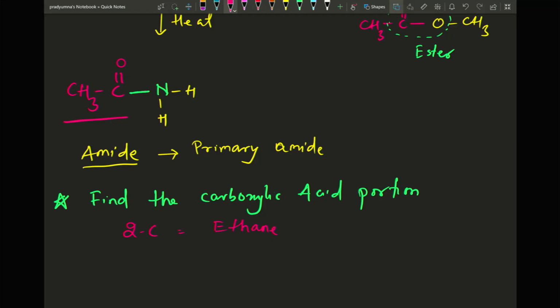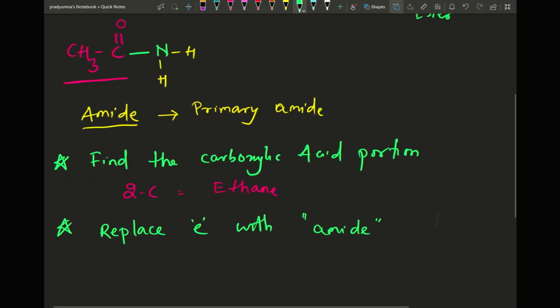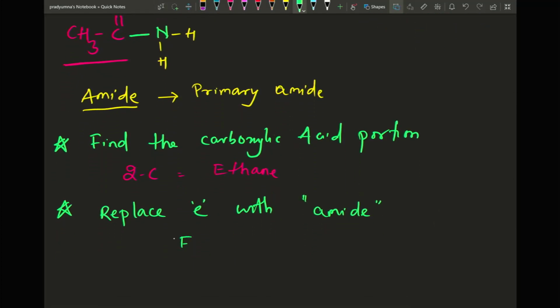Then we're going to replace the E with amide. So all we're going to do is take the ethane, then replace the E with amide. So the name is ethanamide, right? Ethanamide.